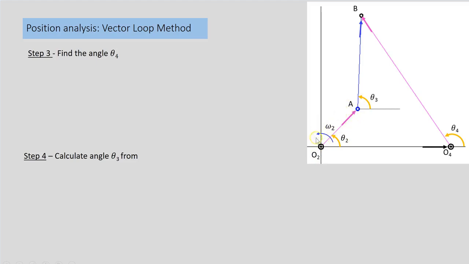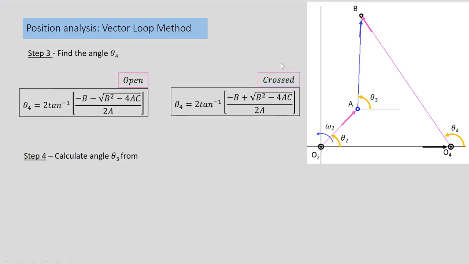The links adjacent to this shortest link are link 3 and link 1. In this diagram we can see that link 3 and link 1 do not cross each other. That means the system we are solving is an open configuration.